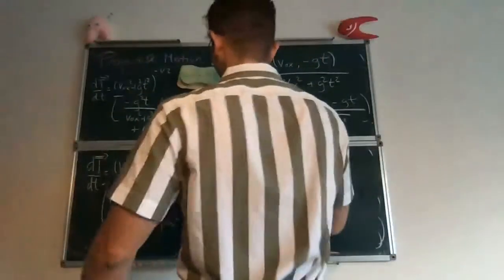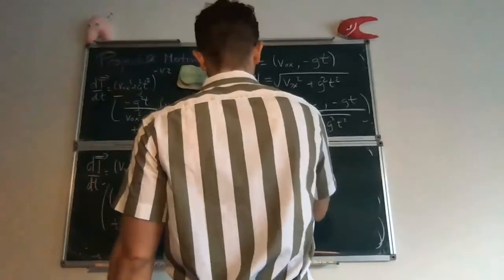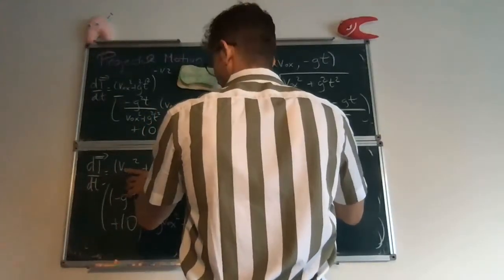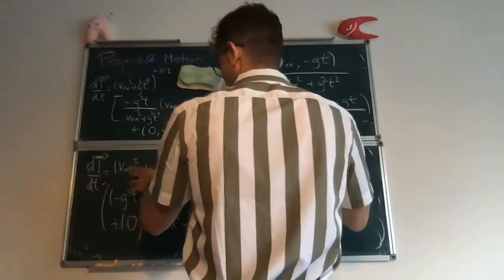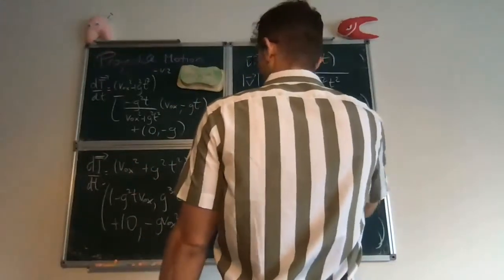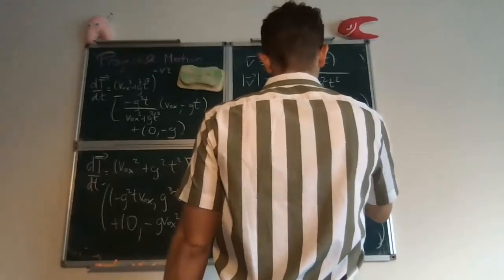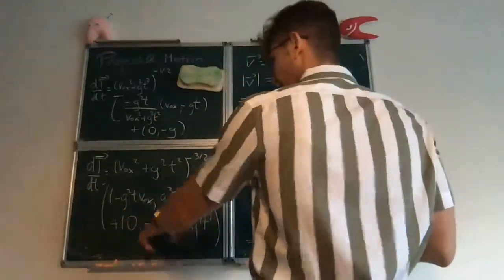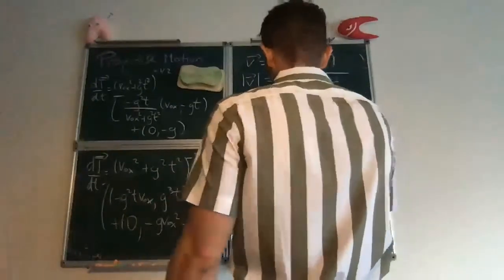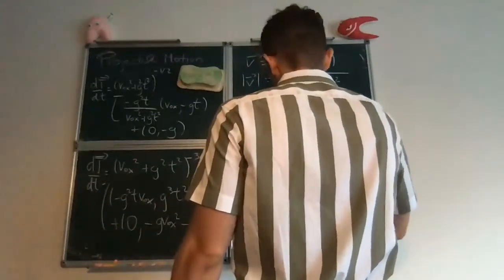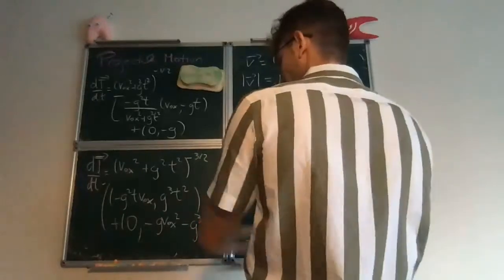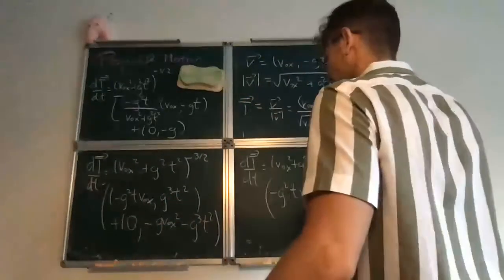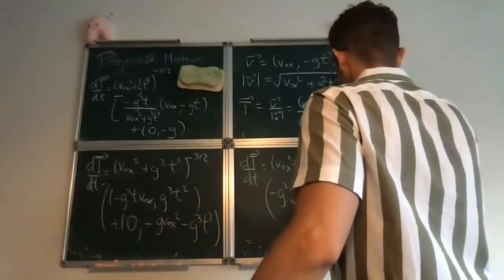So finally, hopefully I didn't make any stupid mistakes, the derivative of the tangent vector is (v0x squared plus g squared t squared) to the negative 3 halves times the following vector. You add them component by component, so you get minus g squared t v0x. And when you add these together, these two cancel, so you get minus g v0x squared.